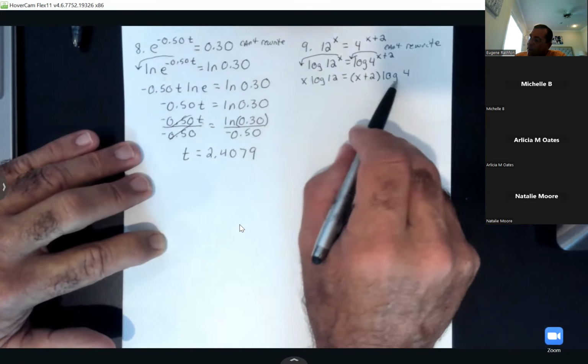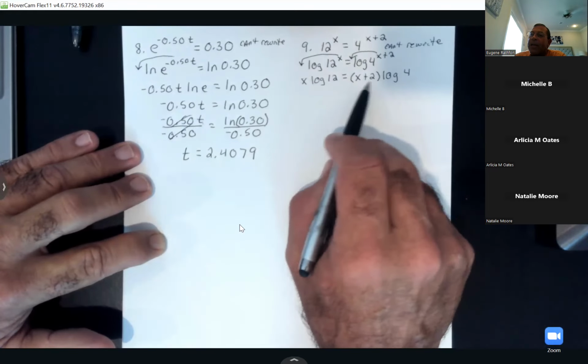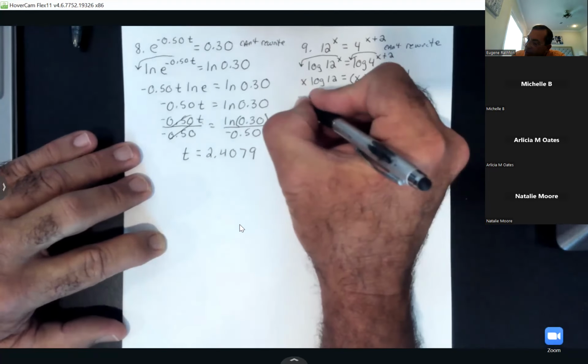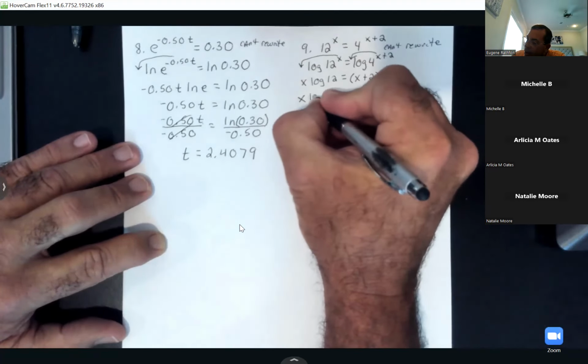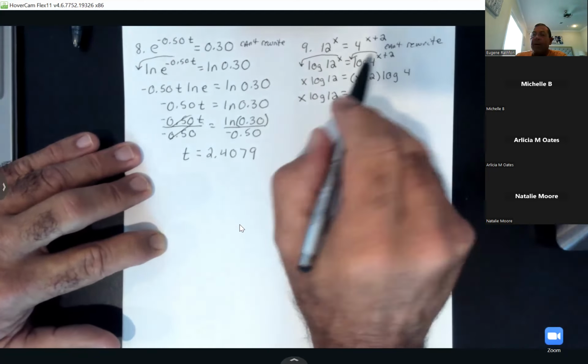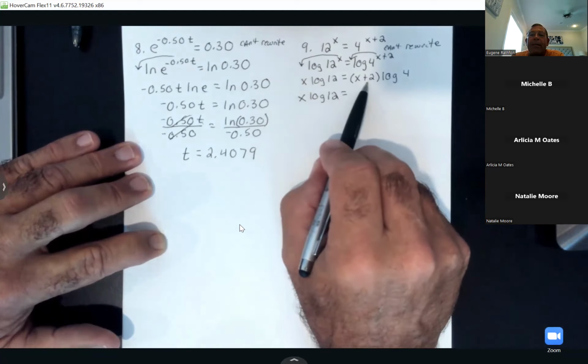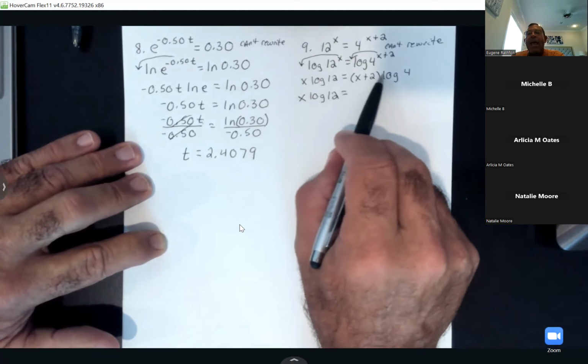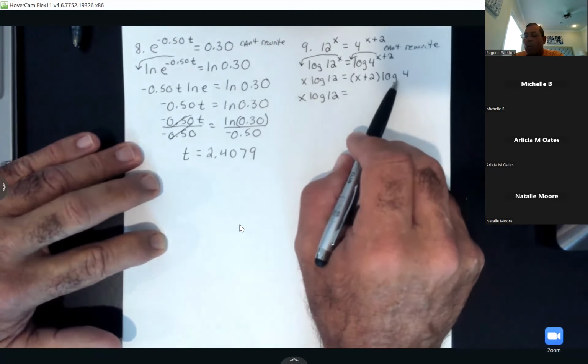Now, I'm going to get rid of these parentheses. So bring down your x log 12. Both of these inside the parentheses have to multiply by the log 4.